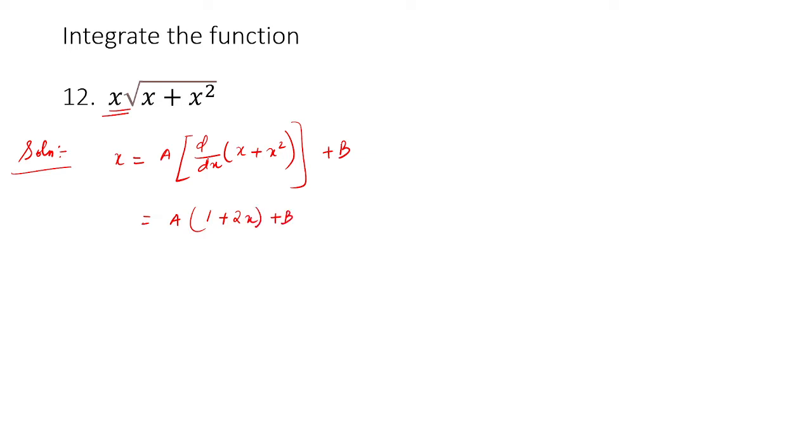I will not be teaching differentiation in detail because we've already done chapters 5 and 6, which dealt with differentiation. After this, what you're supposed to do is equate the coefficients of x and the constant term on both sides, okay? Constant term on both sides.